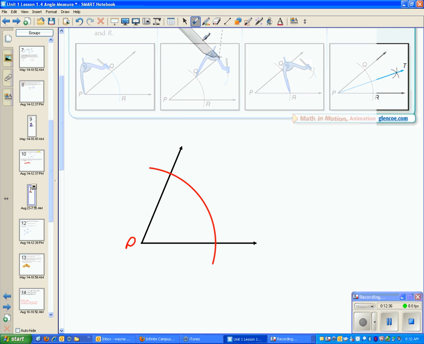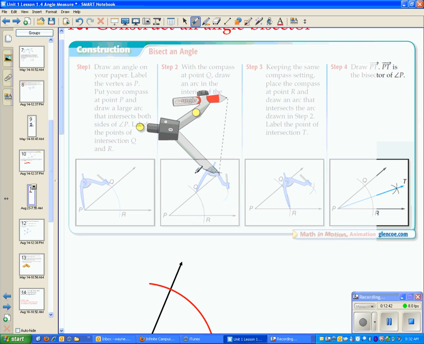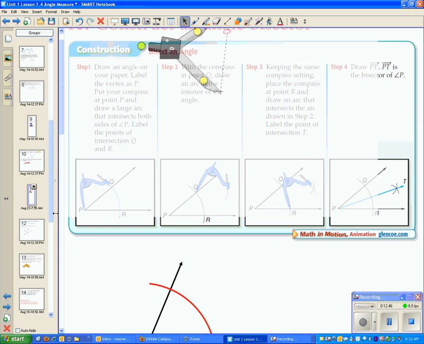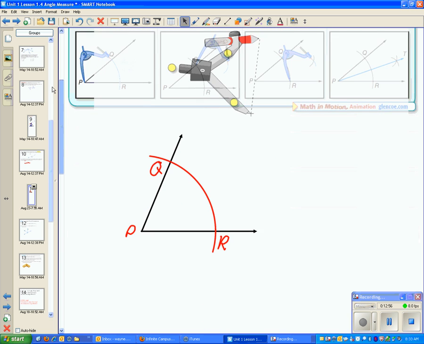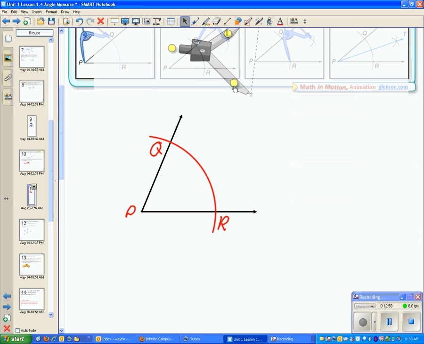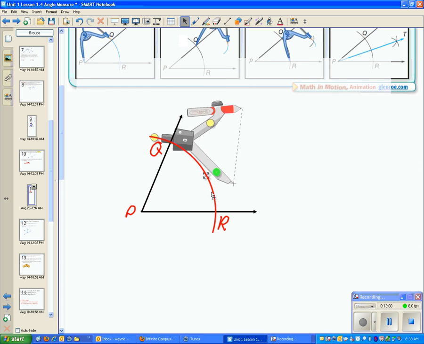I'll label that R, and that Q, when I get the compass far enough out of the way. So R is the point where the arc intersects one side of the angle. Q is the point where the arc intersects the other side of the angle.